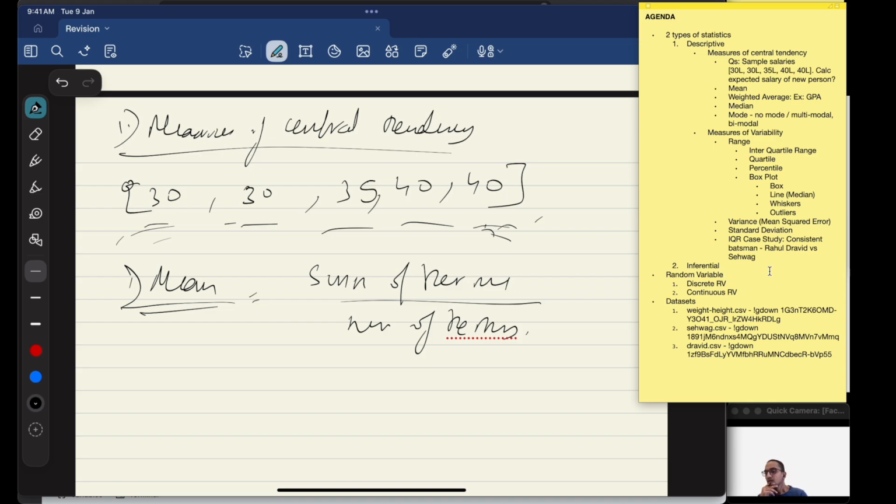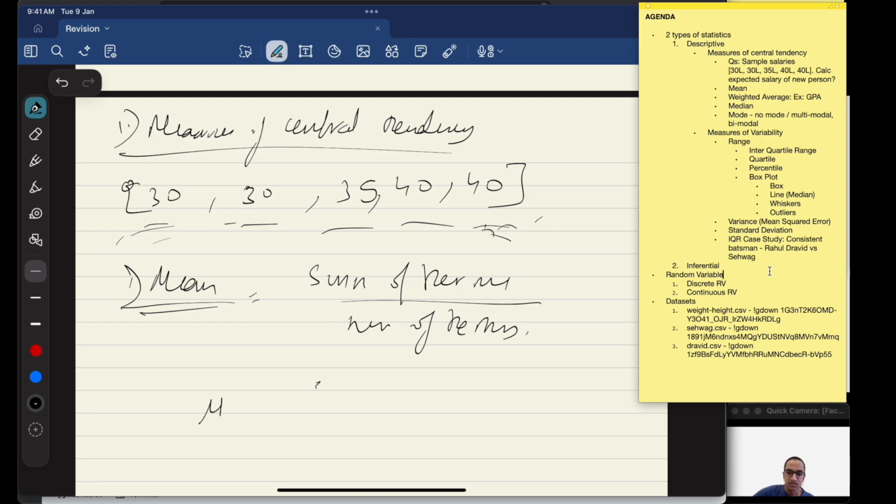Basically, you can find the central value using this method. So the formula would be sigma from i equals 1 to n, the sum of the terms, xi, divided by n. So in this case, let me write this properly.